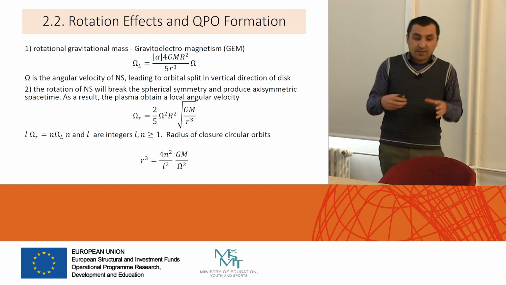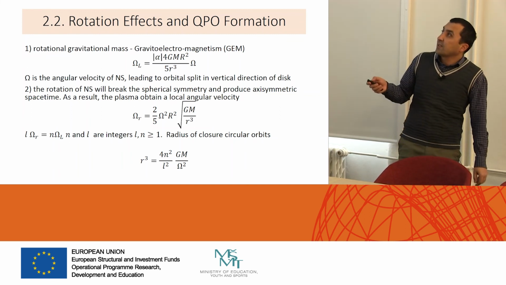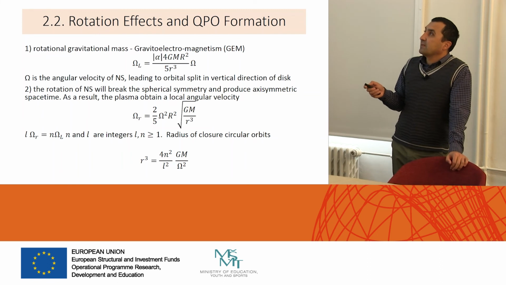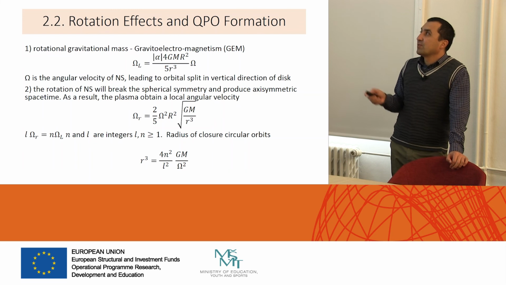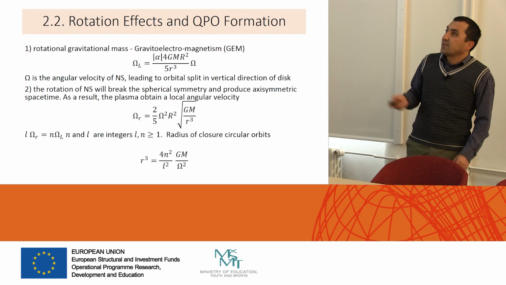Here the complex forces acting on particles, gravitational, rotational, electric and magnetic, create the Larmor frequencies. The Larmor frequency is proportional to the angular velocity of the neutron star, which leads to splitting in the vertical direction of the disk.